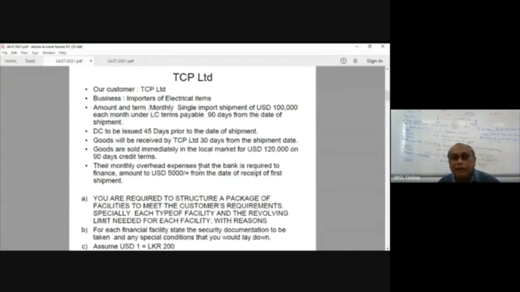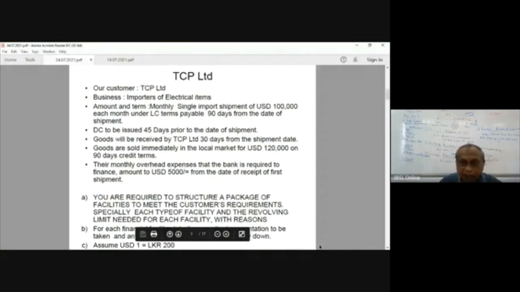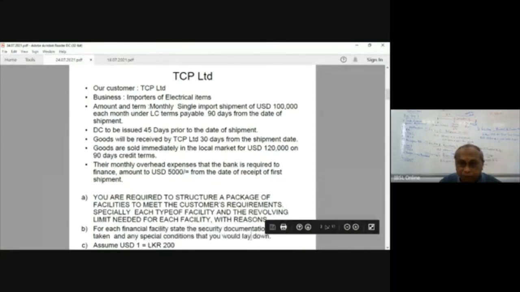Right. TCP Limited. Can you go through this, read it, and start drawing the straight line and mark all the information? Then when I start, you can see whether you have marked everything.